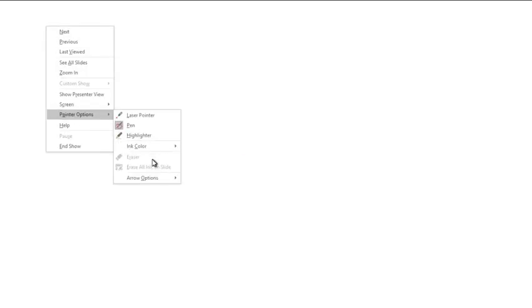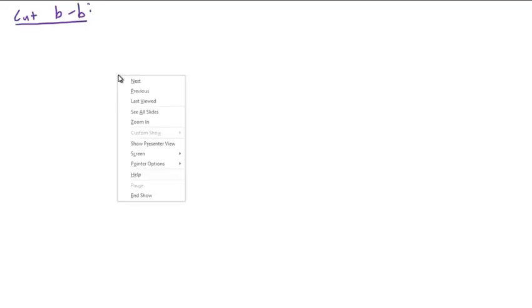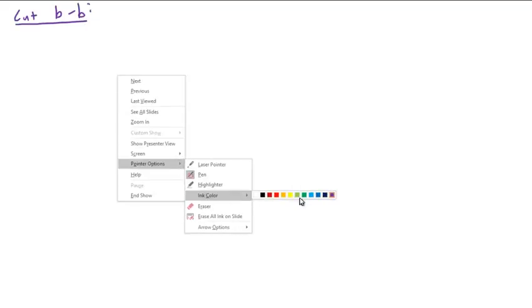Next, I'm going to do two cuts, BB and CC, that are perpendicular to each other. So cut BB is going to work like this here. I'm going to have the same member, but I'm going to cut it at a diagonal.